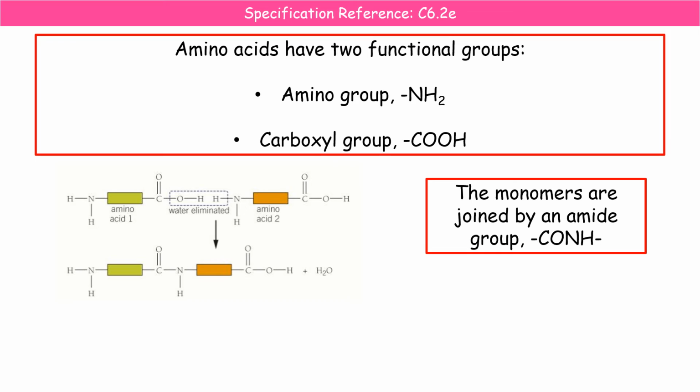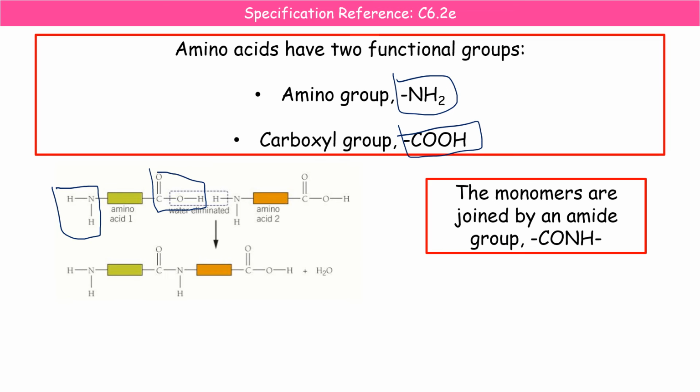If we consider our amino acids first of all then. An amino acid will have two functional groups, the amino group, which is NH2, and the carboxyl group, which is the COOH. That's the bit that makes it an acid. So the amino bit, NH2, the acid bit, COOH. So what we can see down here, that is our NH2, the amino group.